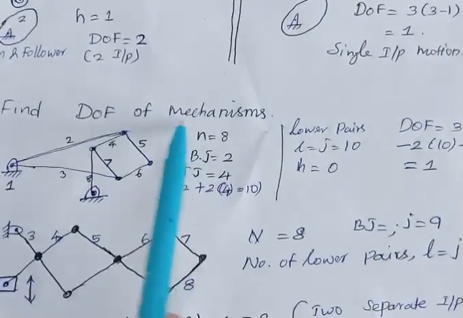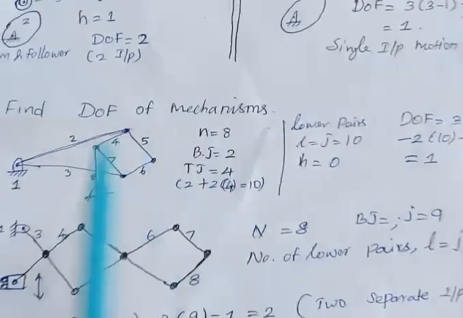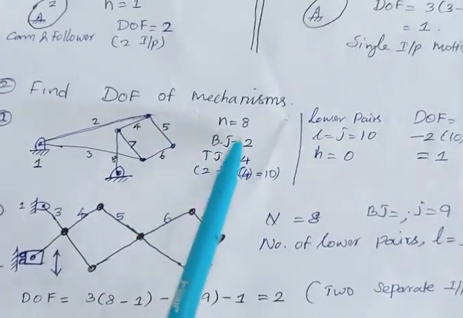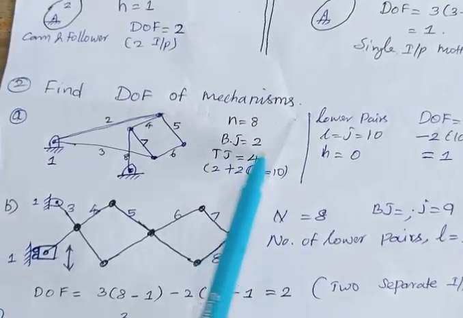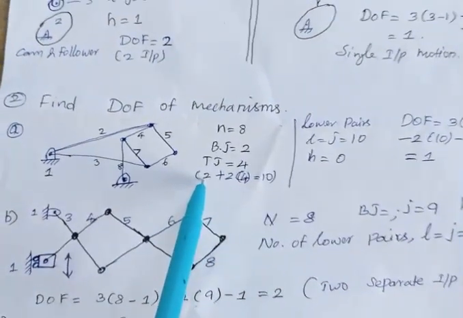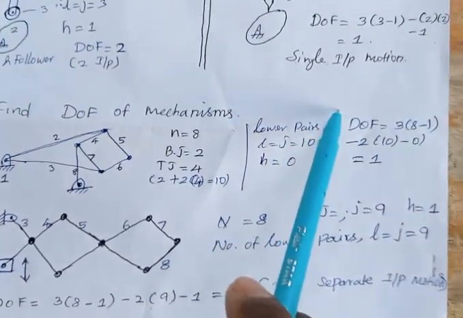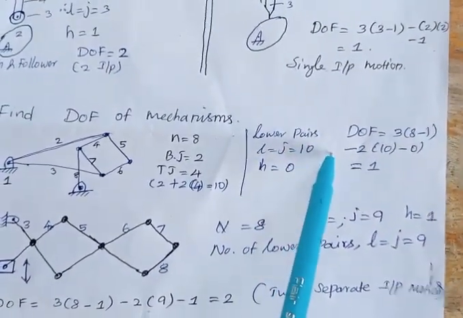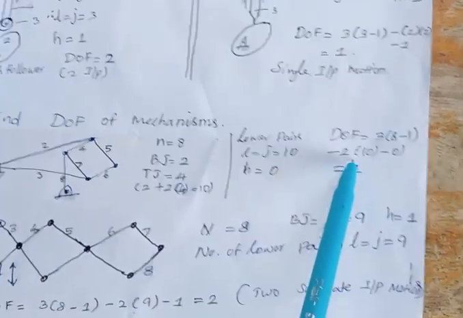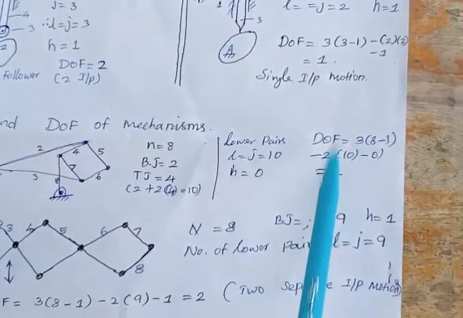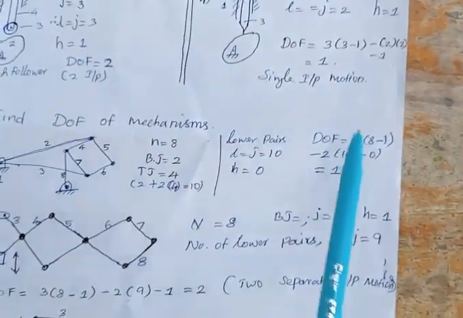Next, find the degrees of freedom of these mechanisms. Here the number of links equals 8, with binary joints equal to 2 and ternary joints equal to 4. Remember, a ternary joint counts as 2, so 2 into 2 plus 4 equals 10. So lower pairs l = j = 10, h = 0, and degrees of freedom equals 1. A single input motion is used to drive the mechanism.